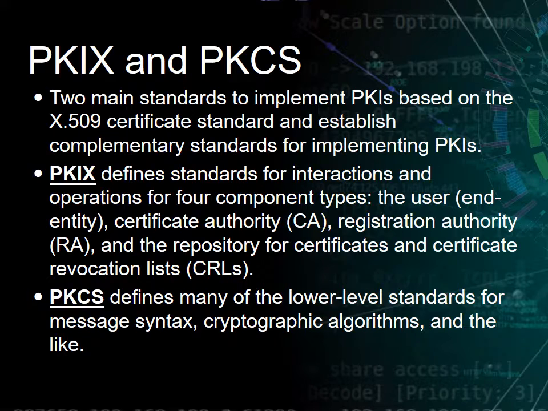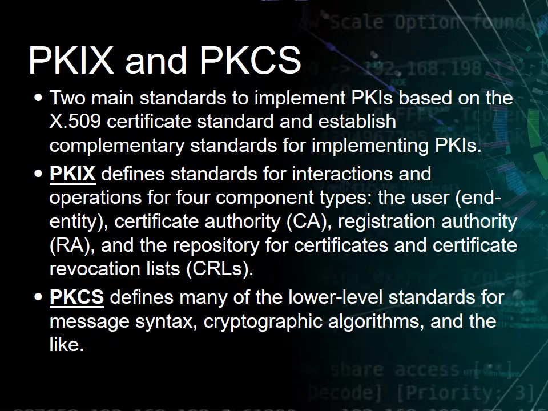The first section of this chapter covers PKIX and PKCS. PKIX, the way that I try to remember this one is the X kind of stands for exchange. PKIX defines the standards for interaction and operations for four component types. That's the user or end entity, the certificate authority, the registration authority, and the repository for certificates and certificate revocation lists.